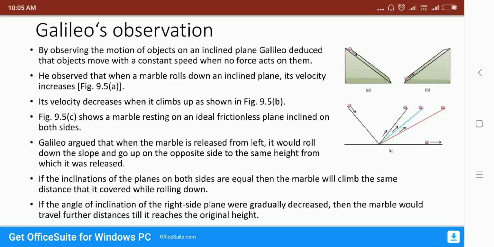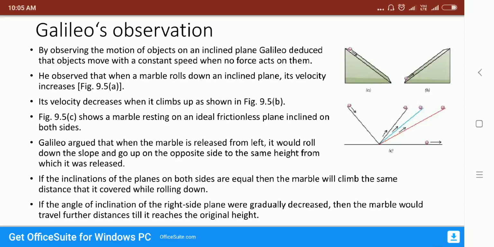Now if the inclinations of the planes on both sides are equal, then the marble can climb the same distance that it covered while rolling down. But if the inclination of the right side plane is reduced gradually, then the marble can move a further distance until it reaches its original height.